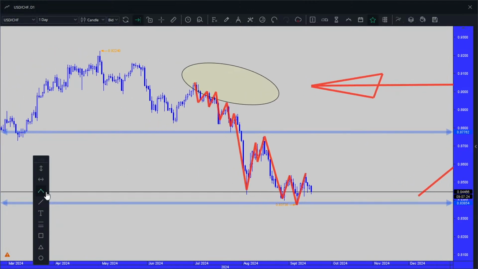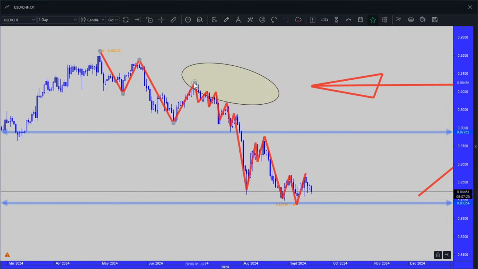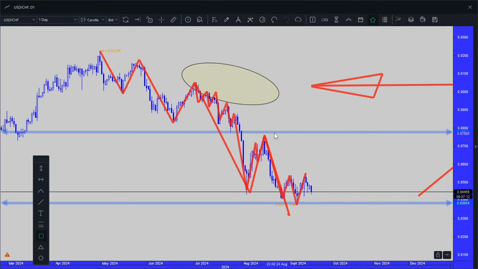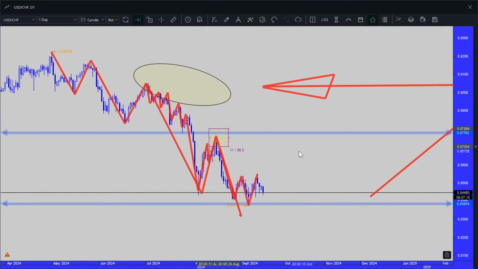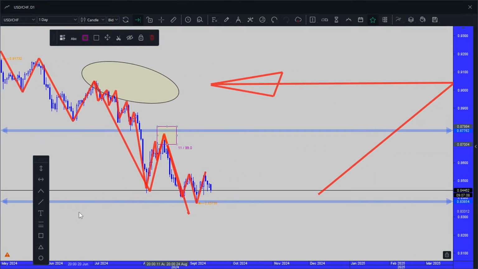Then I need to address relevant highs and lows. So extension, retracement, extension, retracement, extension, retracement, extension. Okay? So I need to wait for the market to break this high. Does this make sense?